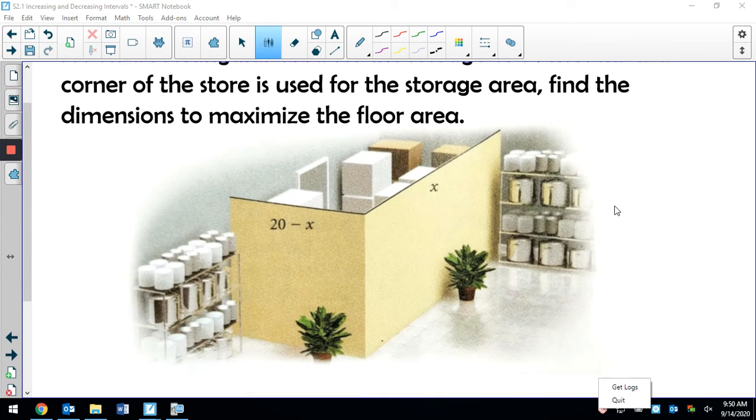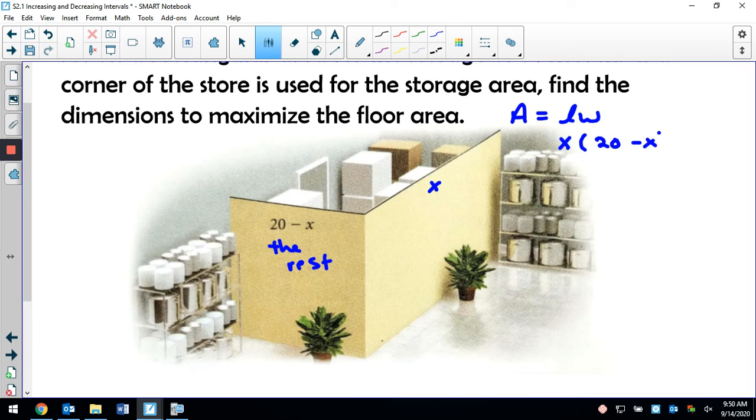All right. So here we can see a picture, kind of a rectangle, and I hope we all remember how to find the area of a rectangle. It's just length times width, right? But they've set it up. They're going to put some of the dividers here, so that's x. They're going to put the rest of it on this side, which is just 20 minus x, and all we have to do is multiply those to get the area.